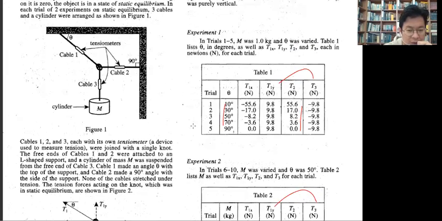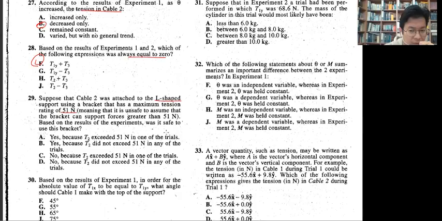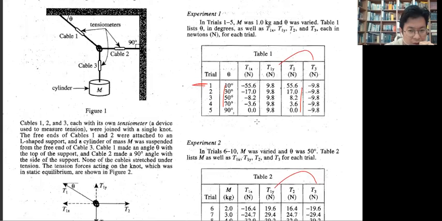Any tension greater than 51 is this one, trial one. So it's not safe. So it's no. T2, trial one, yeah, we exceed this.